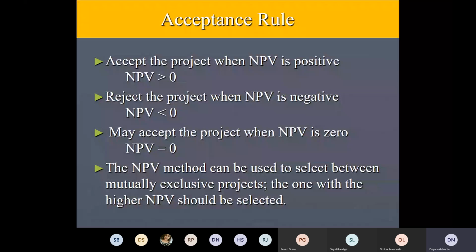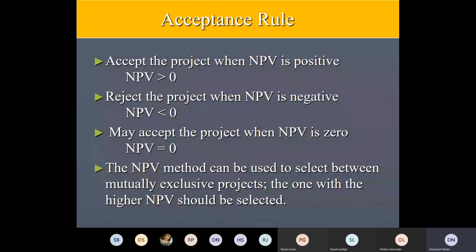Now, mutually exclusive means, as we had already discussed, there are two projects which are competing with one another. For example, we had discussed that if we are going for a capital intensive automatic manufacturing setup and a labor intensive semi-automatic manufacturing setup, both of the things are an investment project.